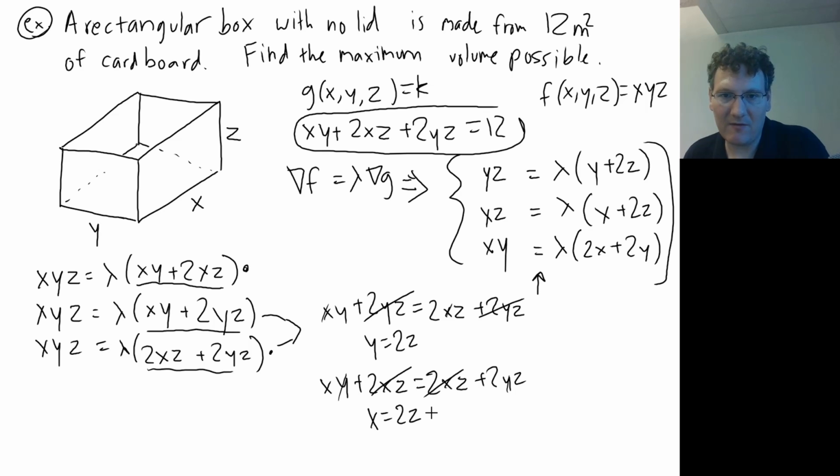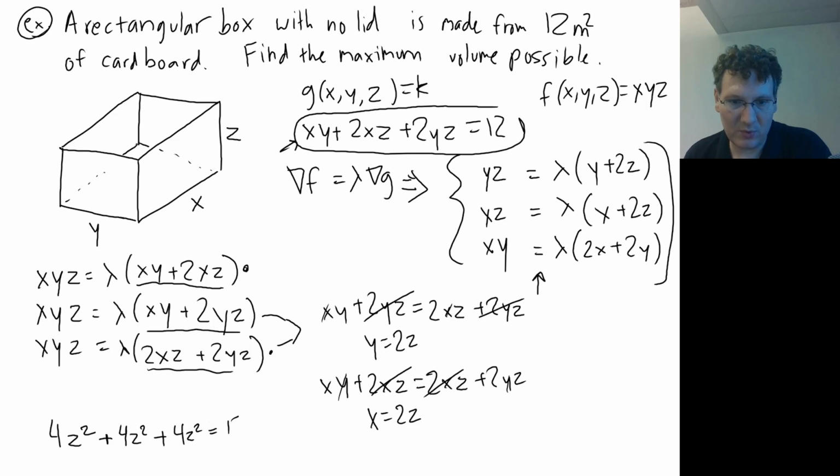If I plug all of these into the first equation, xy plus 2xz plus 2yz equals 12, I get 4z squared plus 4z squared plus another 4z squared equals 12.